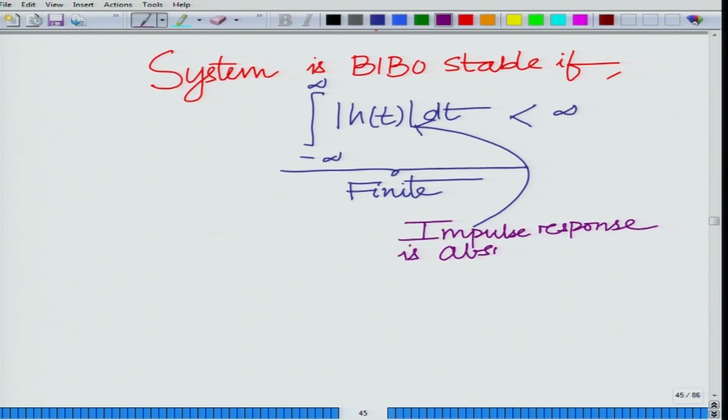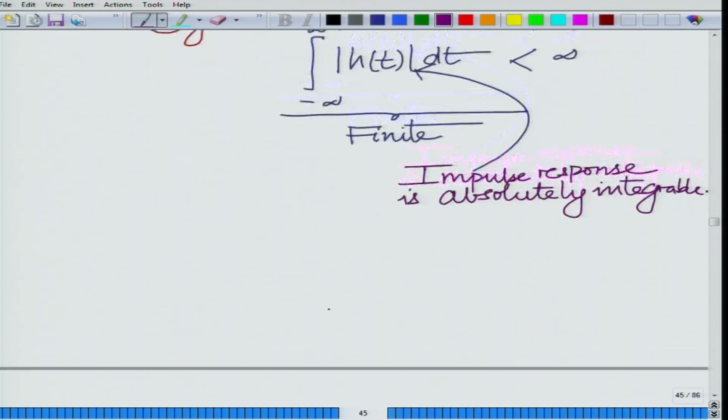Another way of saying this is that the impulse response is absolutely integrable. Okay, and let us justify this condition.